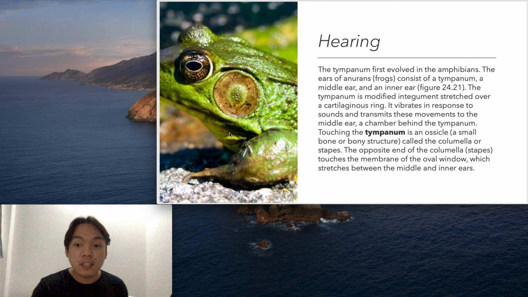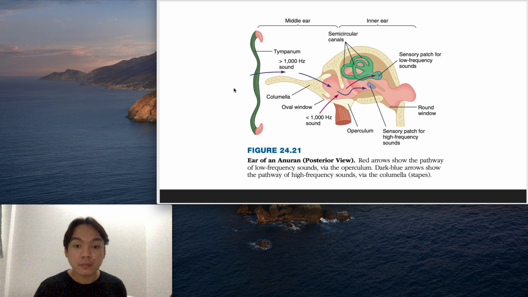Touching this tympanum is the columella or stapes, and the membrane of the oval window, which stretches between the middle and inner ears. So this is the tympanum of the frog.